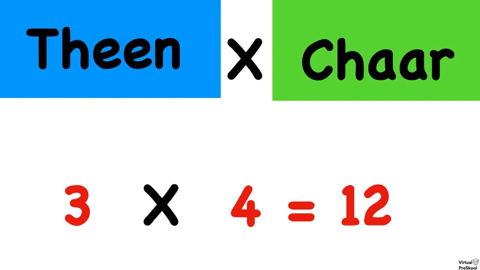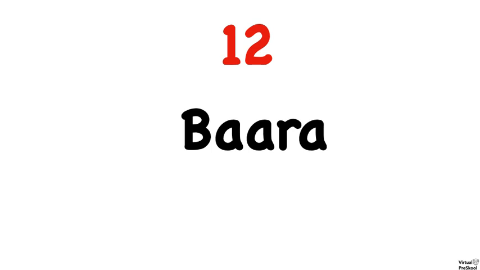All right, if you couldn't figure out what 12 is, then start using your counting. Ek, do, teen, chaar, पाँच, छः, सात, आठ, नौ, 10, 11, 12. 12 is 12. All right, let's keep going.